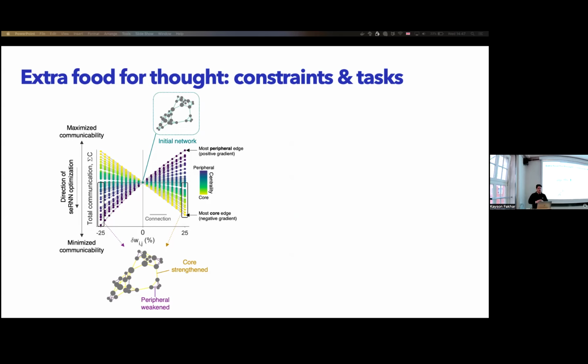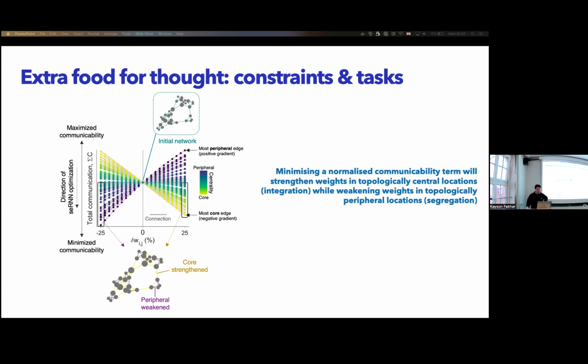But if you don't do this normalization, you don't have this relativity idea, relative weights. So it goes into a deeper question about the communication models, which we'll talk about perhaps later. So minimizing this normalized communicability term will strengthen weights in these topologically central regions and weaken them in the outside.